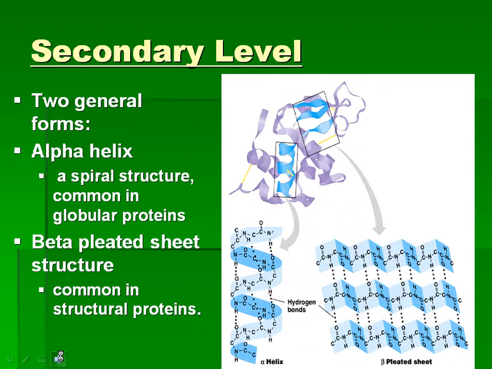So if we move to the secondary level of protein structure, there are 2 general forms. The 2 general forms are alpha helix and a beta pleated sheet. The alpha helix is a spiral structure, okay, and this one is common in globular proteins. The beta pleated sheet, as you can see, the sheet basically folds back on each other.